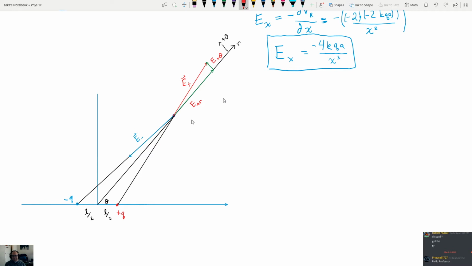And there's going to be an angle inside of here. And the angle is, I'm going to call it phi. So this angle right here, I'm going to call it phi.